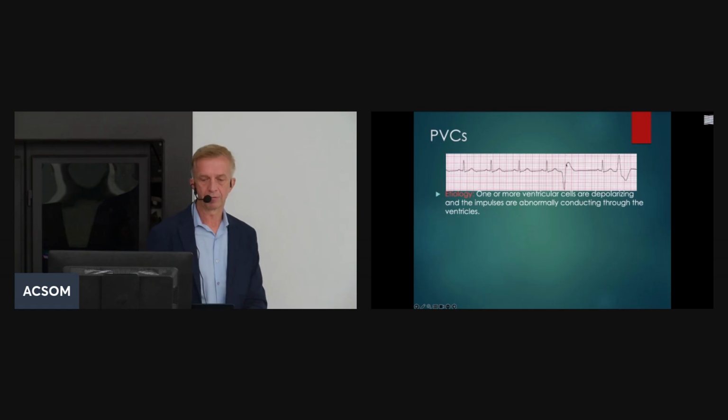When they have the same morphology, they are monomorphic PVCs. So these are two different PVCs that are originating in different parts of the ventricles.